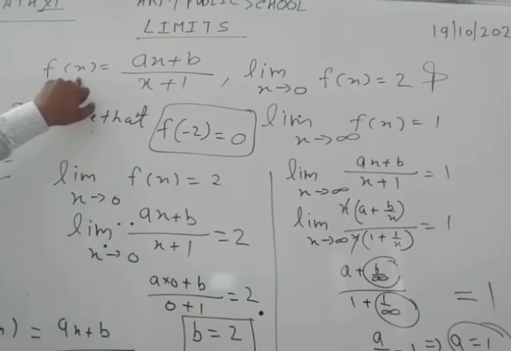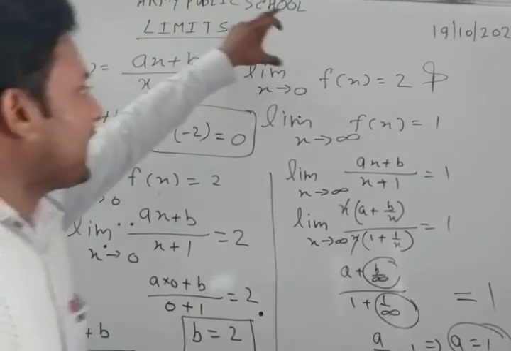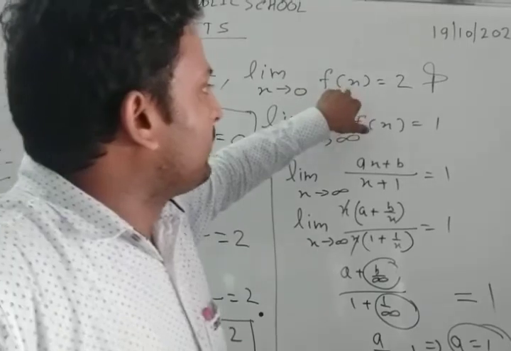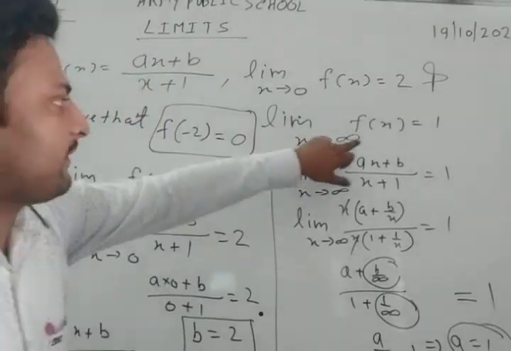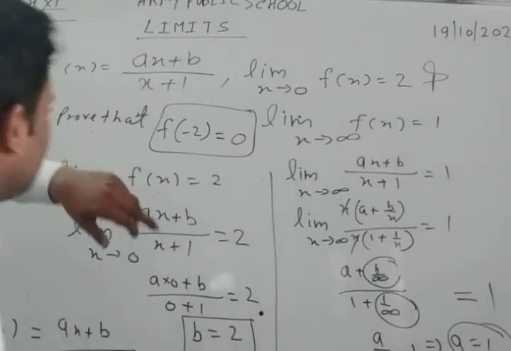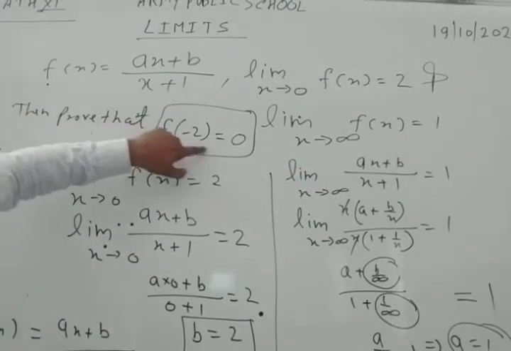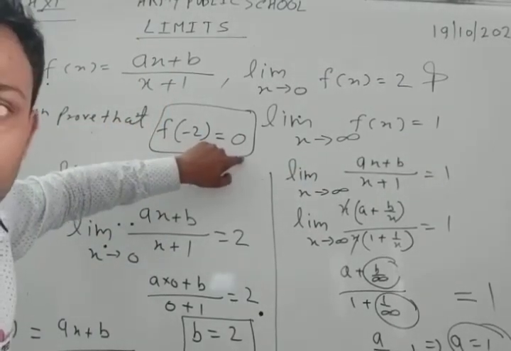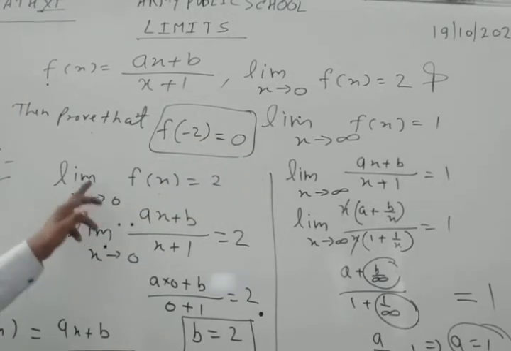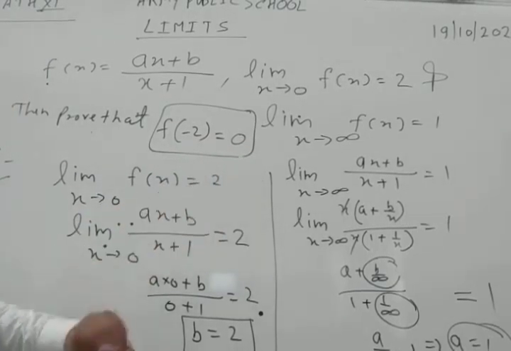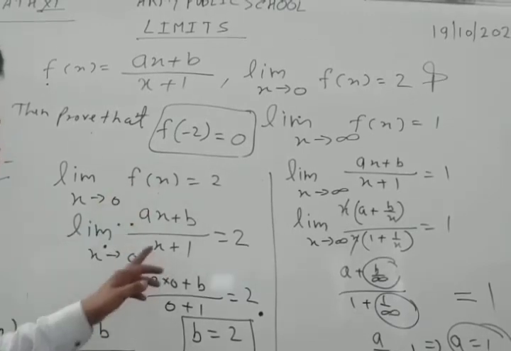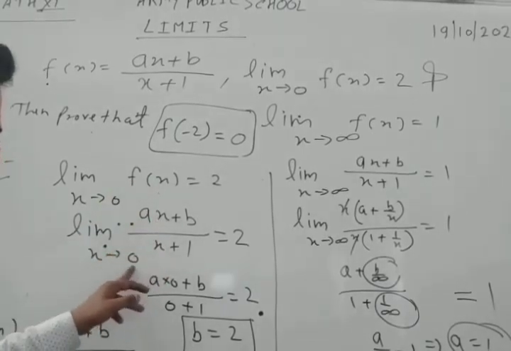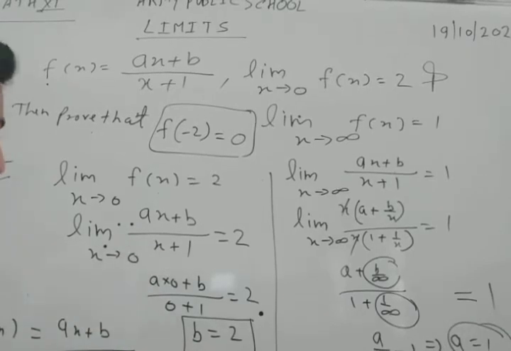Okay. Now what have we done? We have taken the function and we are given limit x tends to 0, f(x) is equal to 2, and limit x tends to infinity, f(x) is equal to 1, and then prove that f(minus 2) is equal to 0. We considered the limit x tends to 0 and put the value of x tends to 0, we get b is equal to 2.